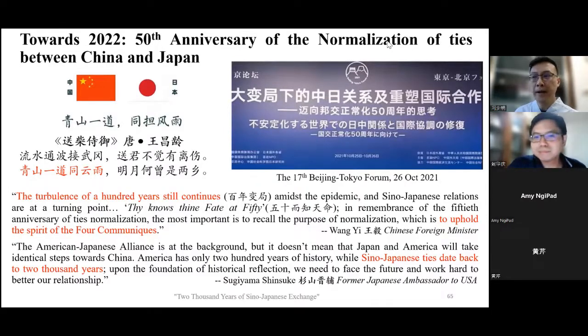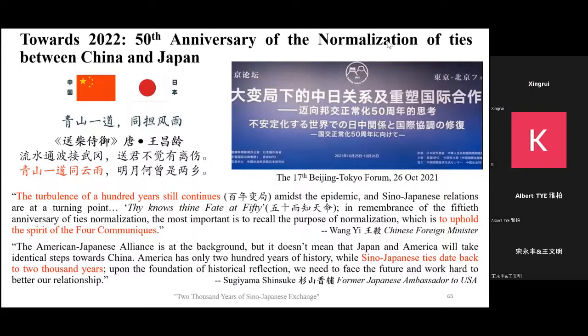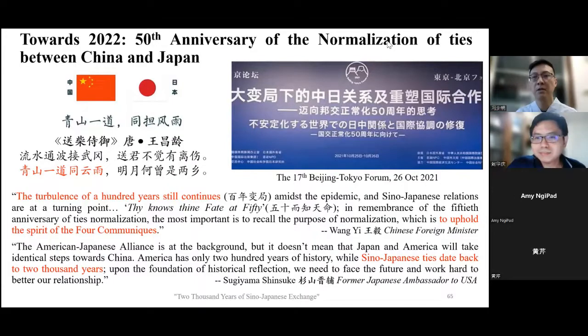When we talk about the modern period, especially within the last 20 years, with China's growth and strength in economy, politics and diplomacy, and in terms of political stature, I think China's influence will continue to grow.